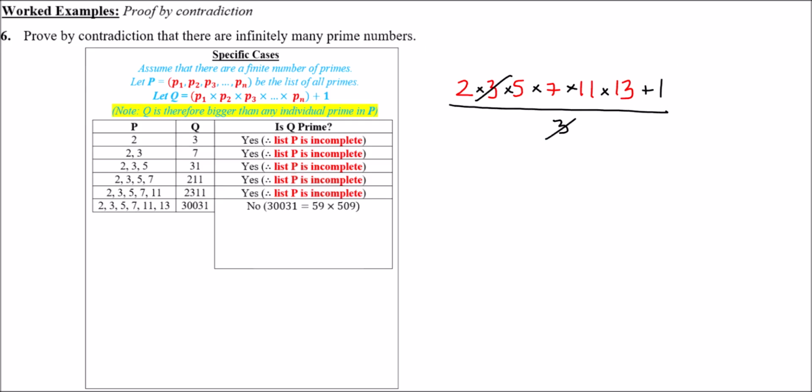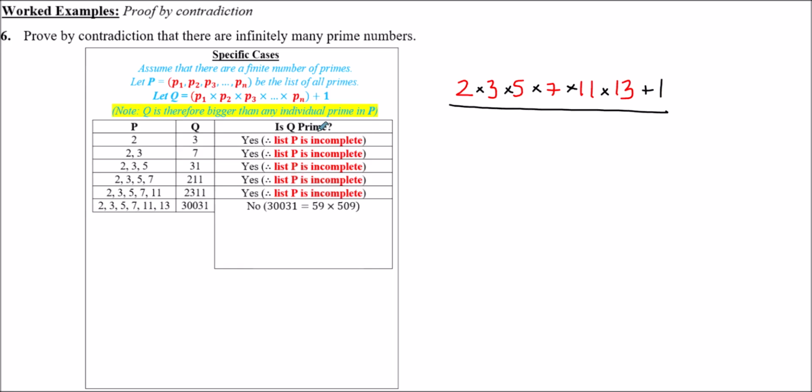So what we're saying here is, because Q is not prime, it must have prime factors not already in P, because all of these can't be factors of Q, because if you divide this here by 2 or 3 or 5 or 7 or 11 or 13, you still have this annoying 1 in the way.